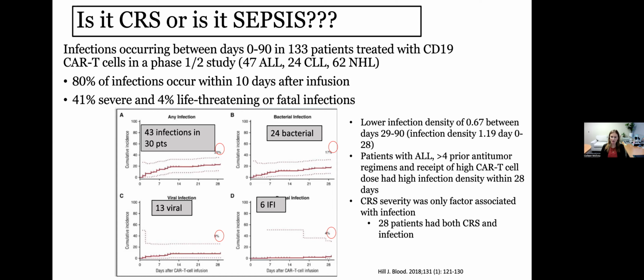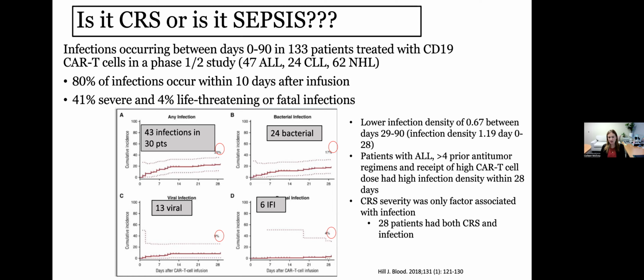CRS can go out to about 10 plus weeks. But this was a group looking at the number of infections. Most of the time, 80% of those infections occurred within 10 days after infusion. And I told you that CRS occurs early on, so it can be very challenging to differentiate, which is why treatment with empiric antimicrobials is incredibly important early on.